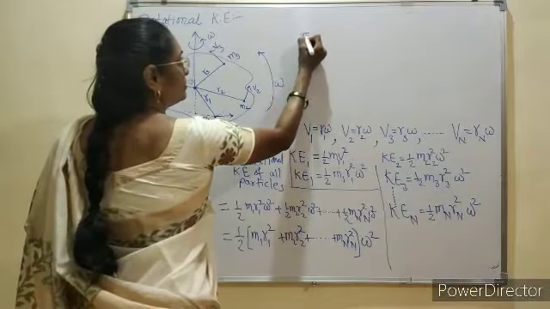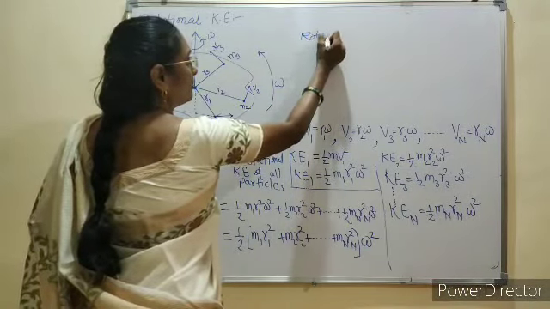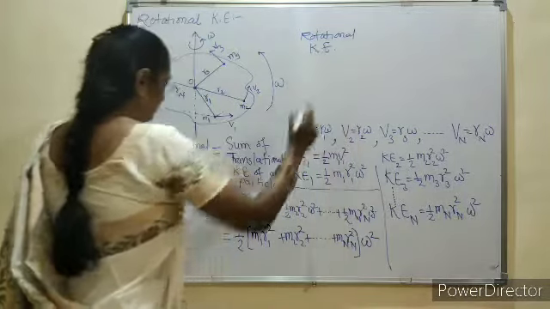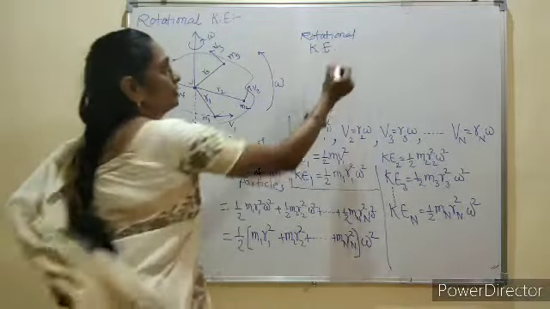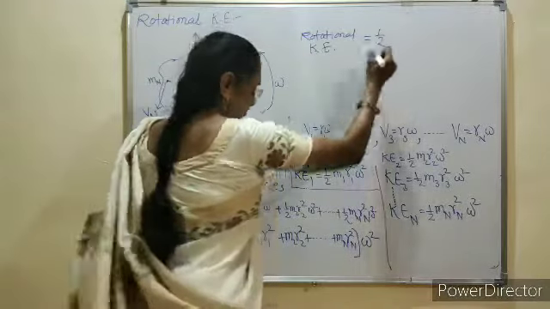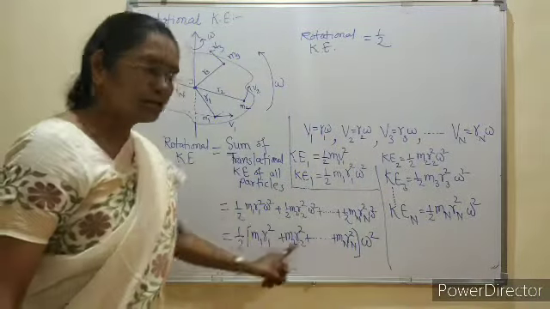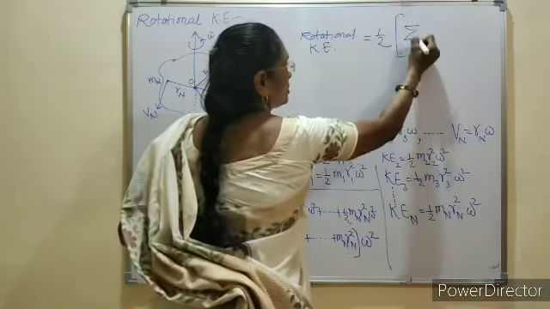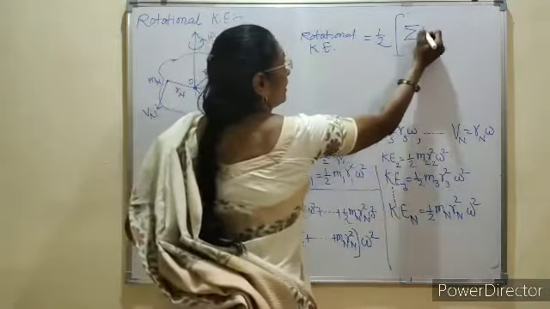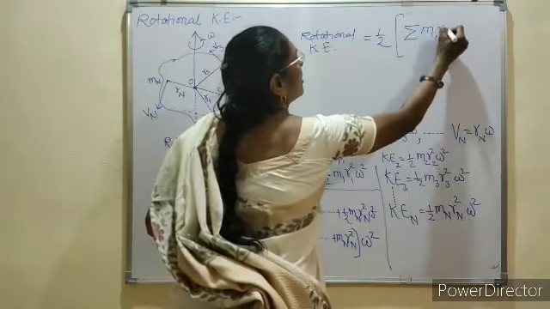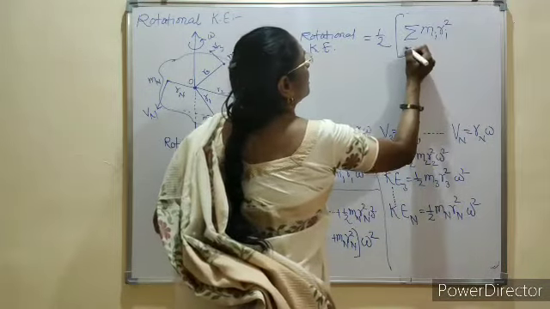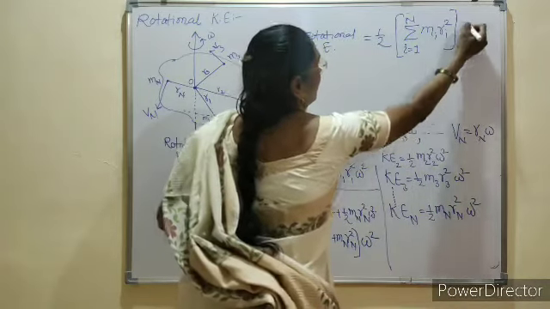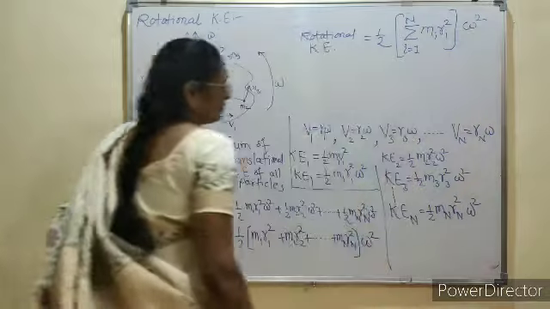Rotational kinetic energy. Next step is like this: half, and the bracketed quantity can be written as summation of M_i R_i square, where i varies from 1 to n, multiplied by omega square.